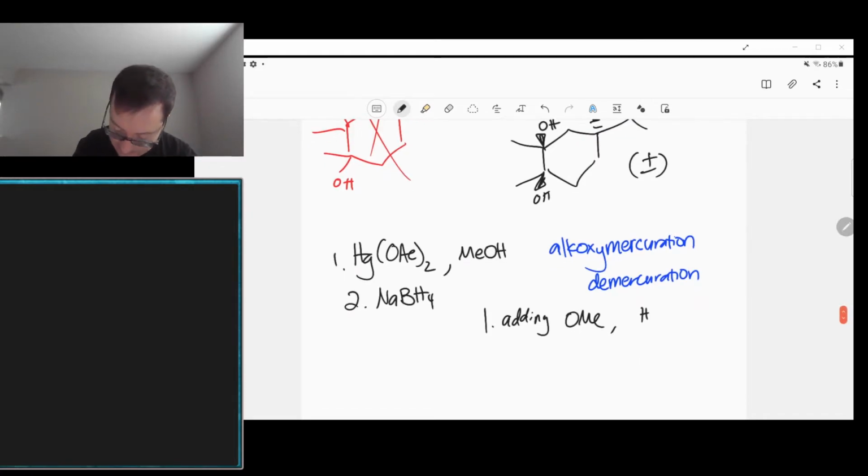Where are we adding these two? This is a Markovnikov addition. So we are adding OMe via Markovnikov's rule to the more substituted carbon. So I'm going to just write that. This is a Markovnikov addition.